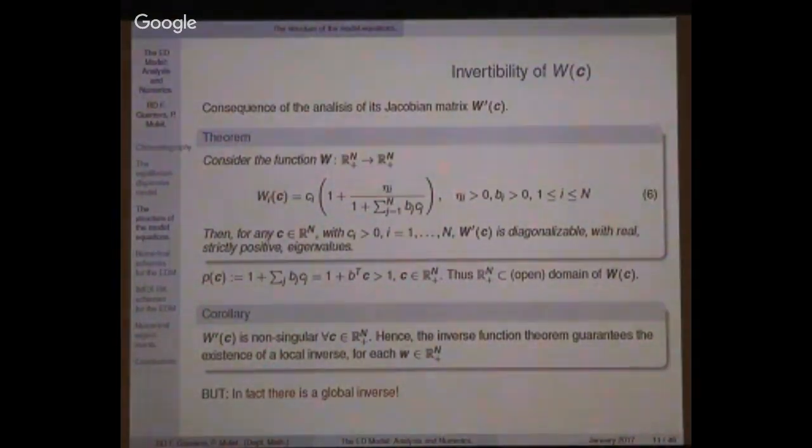So as a consequence of this theorem, which holds whenever all the concentrations are strictly positive, I get that the Jacobian is non-singular in the natural domain of the function. And the inverse function theorem guarantees the existence of a local inverse. But in fact, the inverse is global, okay? And this is the important thing here.